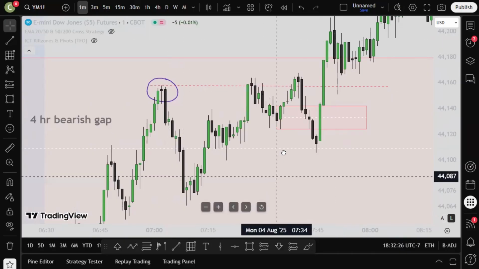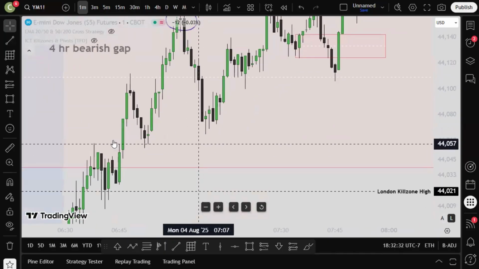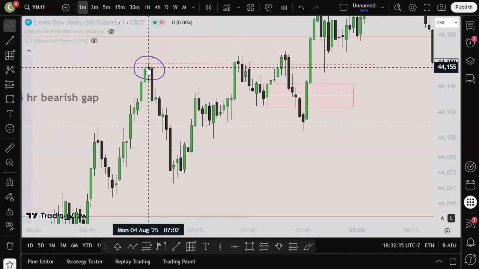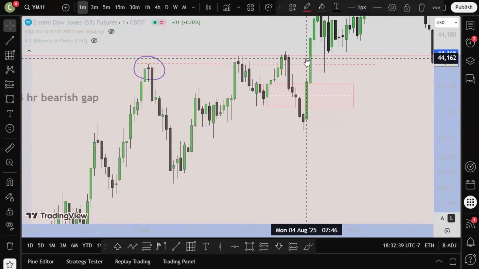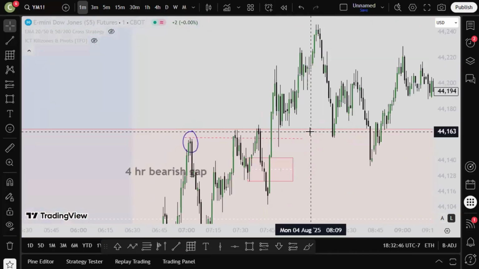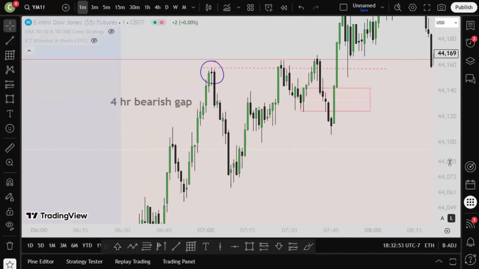It's just you have to understand these things. Like this high here, we don't have a change of character really. If we had a major change of character and it came into here and then took these highs maybe, but at this point I knew it was already going to fill this gap when it was up here. Anyways, I needed a little bit more confluence on this trade.